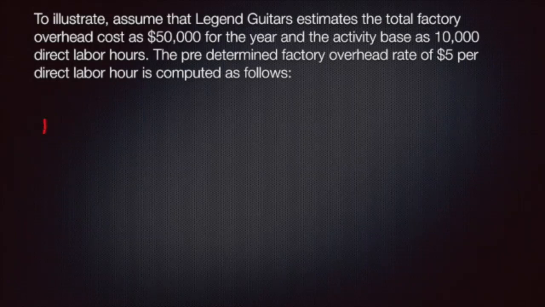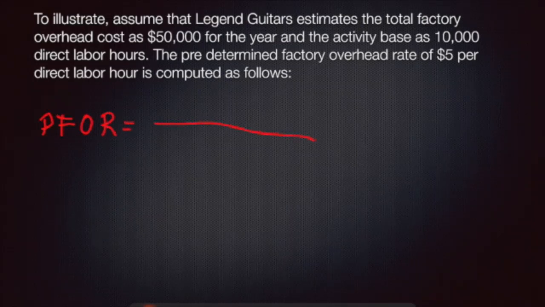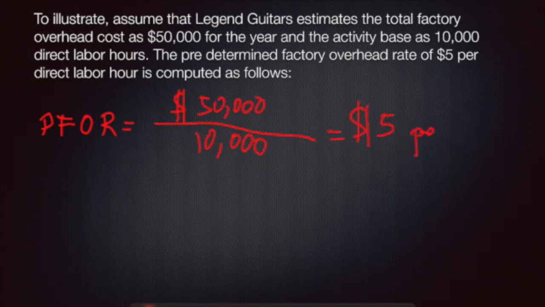So the predetermined factory overhead rate is equal to the overhead cost, which is $50,000, divided by the activity base, which is 10,000 hours, equal to the predetermined factory overhead rate of $5 per direct labor hour.